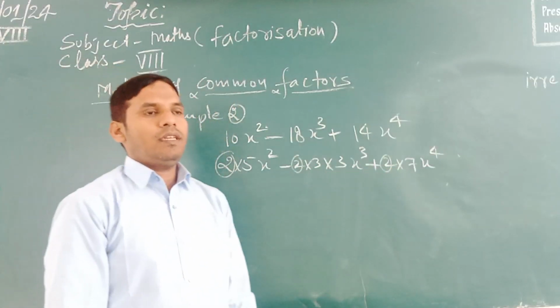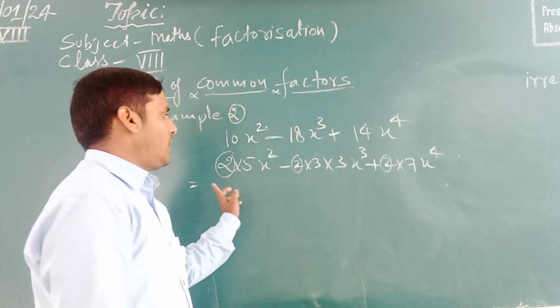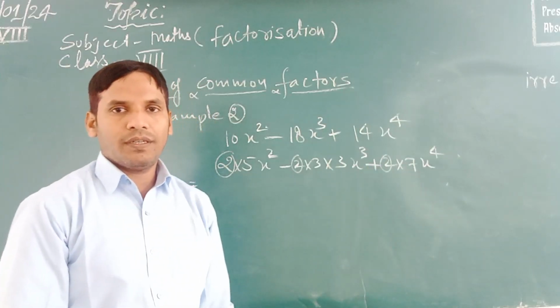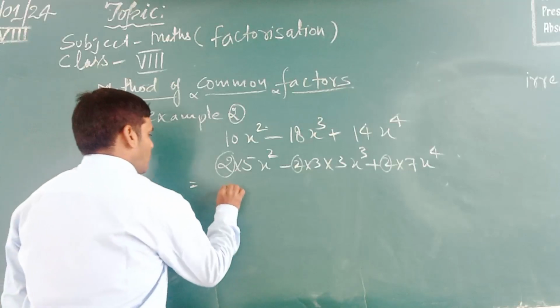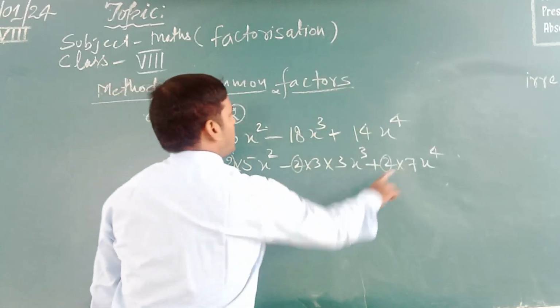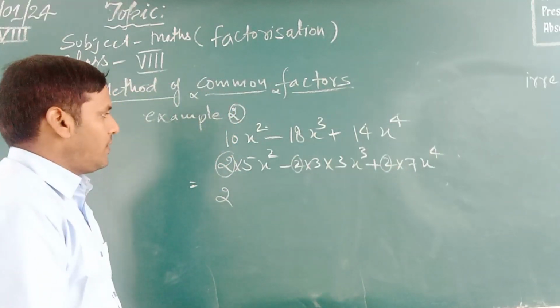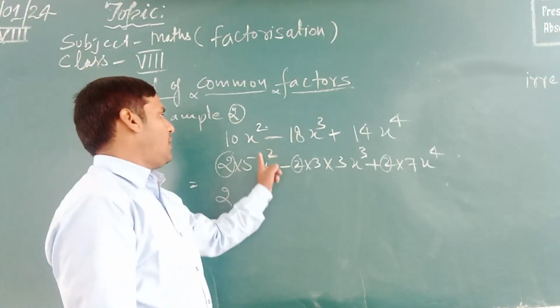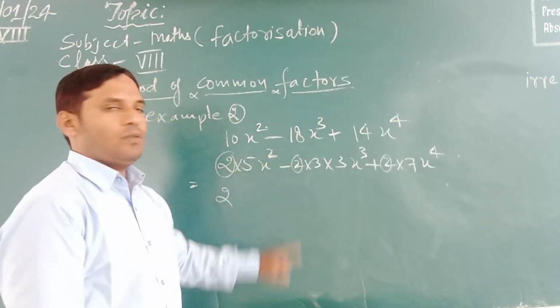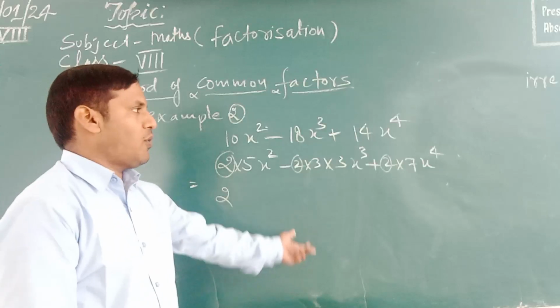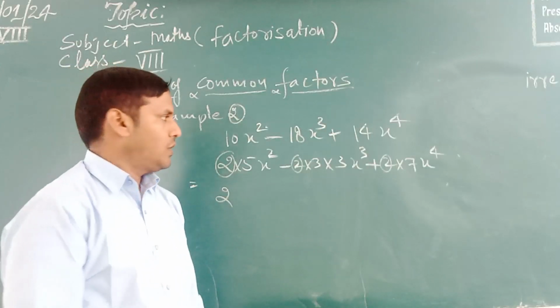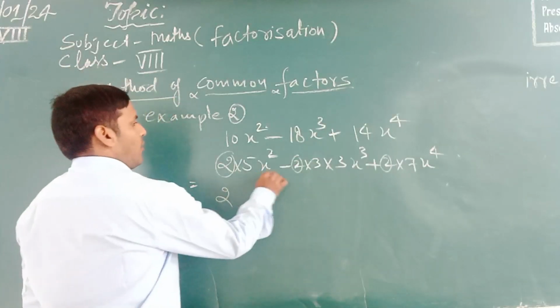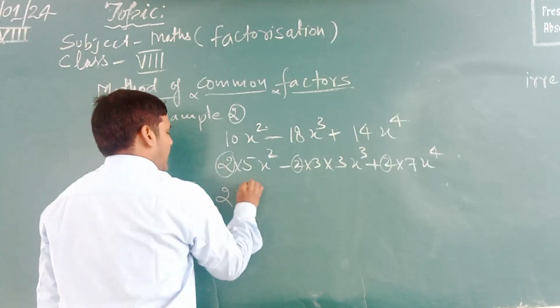So we will take as common only the number which is given in all the expressions. Okay, we can say 2. What is the smallest power of a variable? The power of the variable is known as the degree. The smallest degree, what is it? 2. What is the smallest power? It means we can say x power 2.